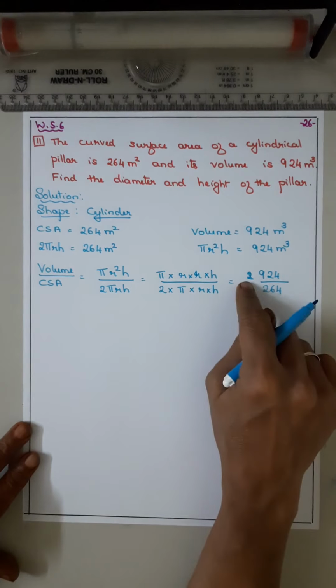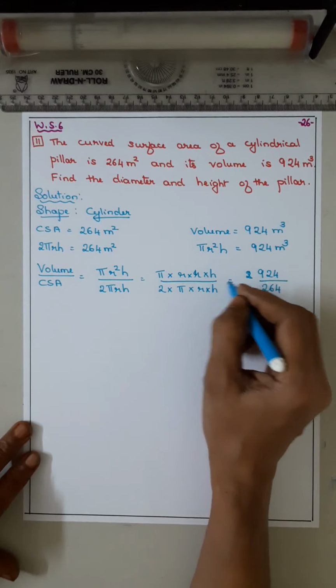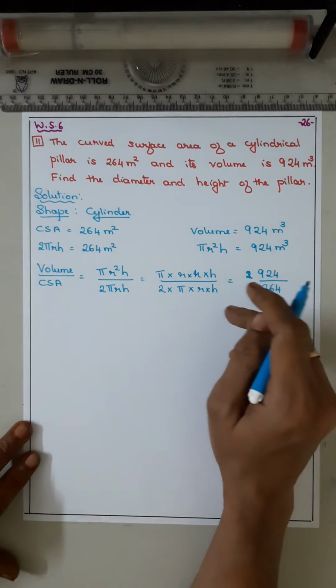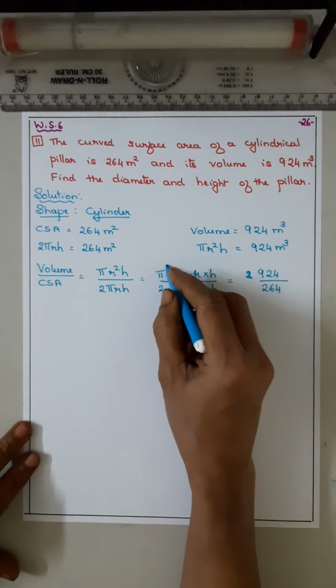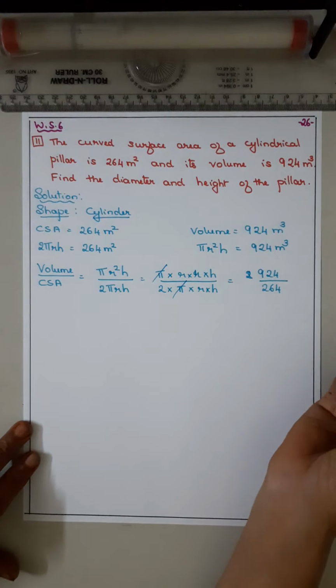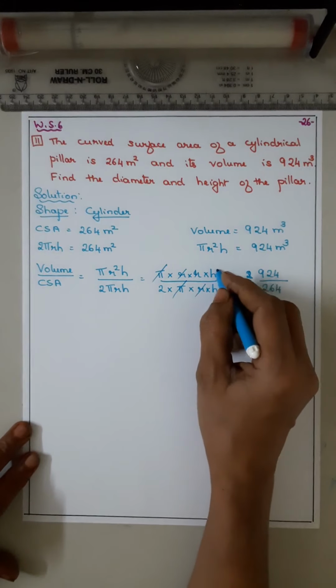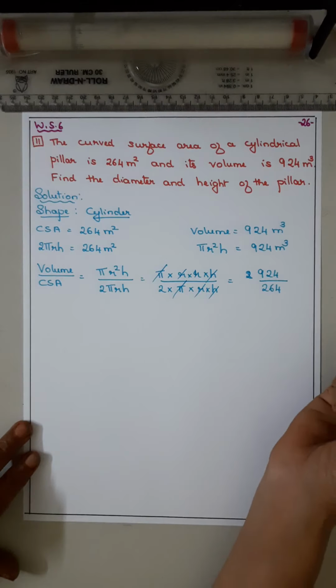So when you open it, pi into r into r into h upon 2 into pi into r into h. So pi and pi get cancelled. 1 r and r get cancelled. H and h get cancelled.